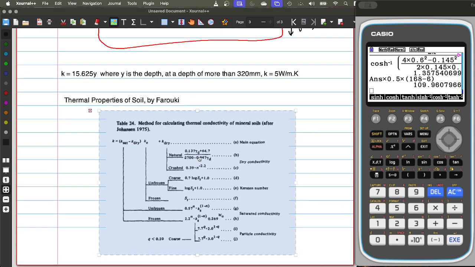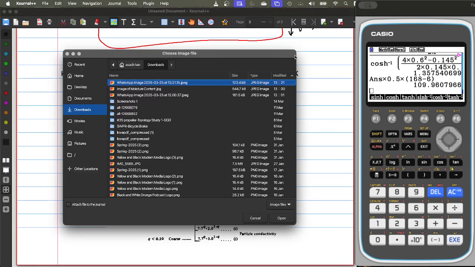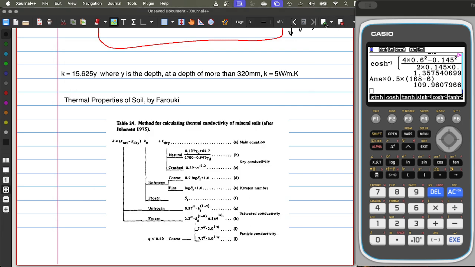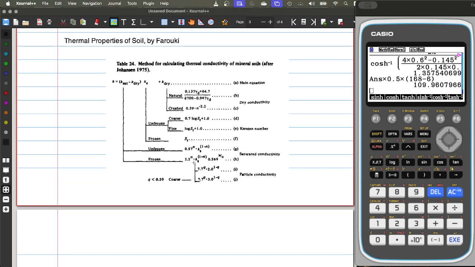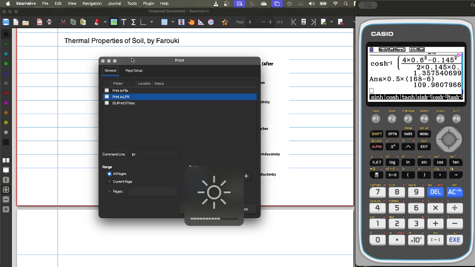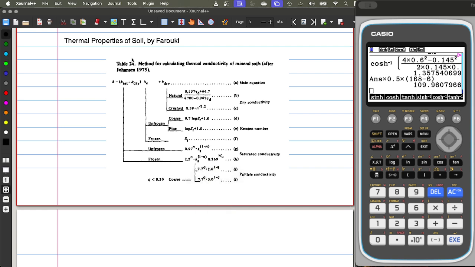I may add another page here. So we need to get Ksat, K dry, Ke, and K dry. And for this, we need our dry density of soil.